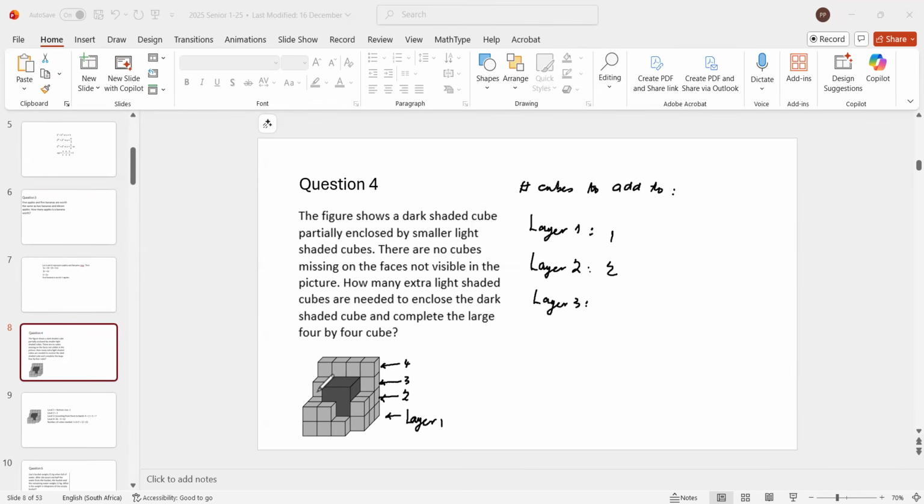Yeah, so you have to put 2 here, 3 here, 5 and 2, 7. See? Layer 3, you have to put 2 this way and 3 this way. That makes 5. Another 2 there. 7. So layer 4.